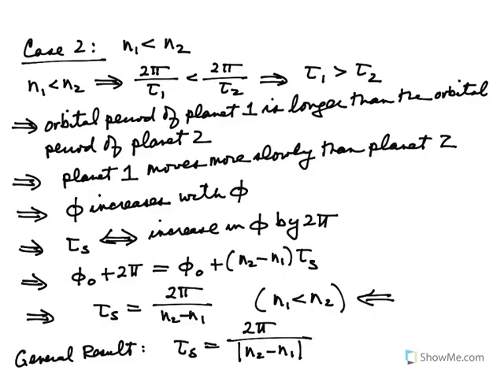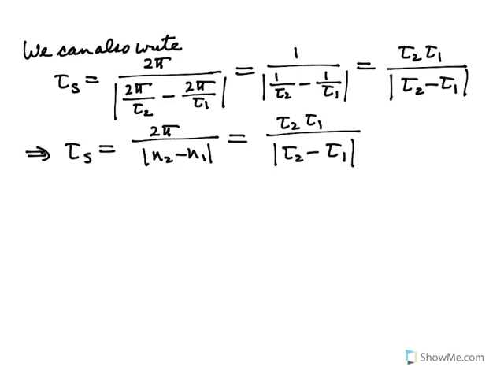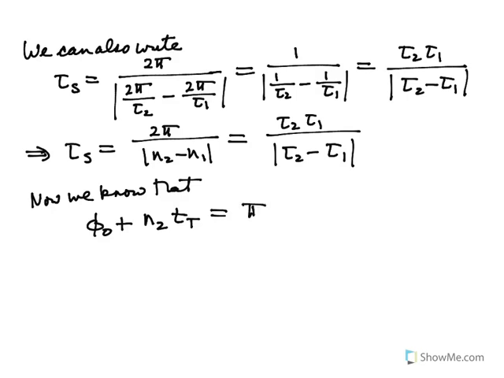Because that's a half circle, phi 0 plus n sub 2 times t sub t has to equal pi, which implies that the initial phase angle equals pi minus n sub 2 times t sub t. So this is the initial phase angle.